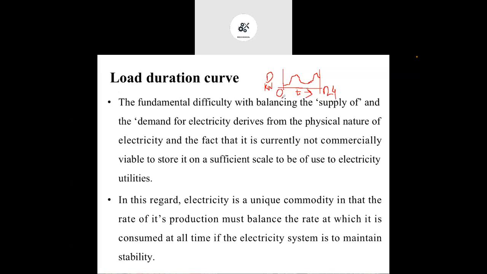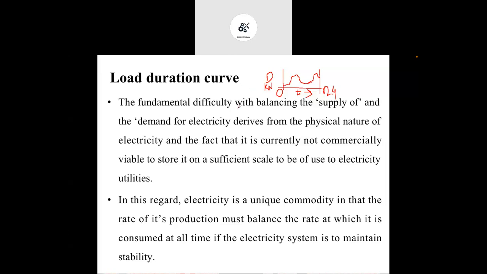Now, we can classify or write down the different types of load curve, depending upon the time period, that is, how much time we are taking. We can draw the load duration curve for 1 day, for 1 week, for 1 month, 6 months, or for 1 year.